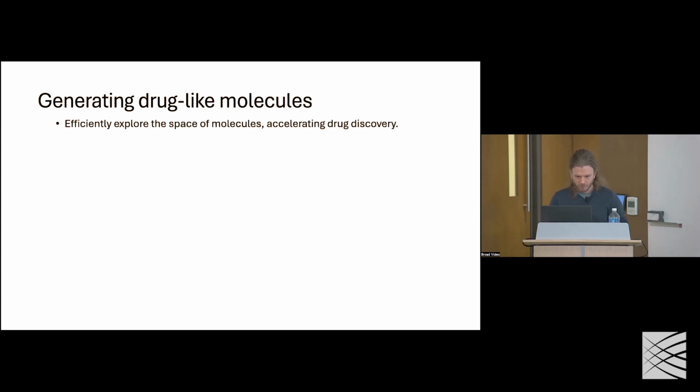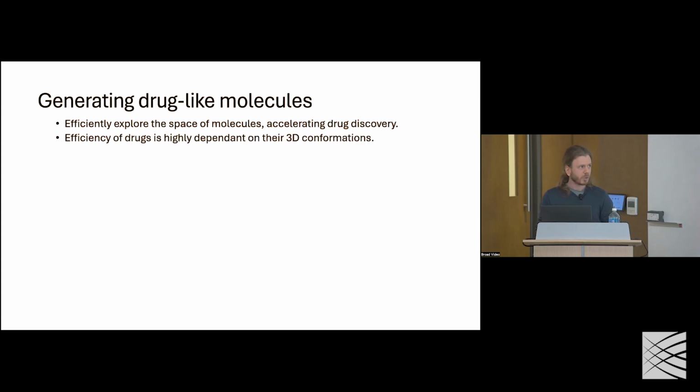We want to present generative models for drug-like molecules, because this can be a means of more efficiently exploring the vast space of molecules, and this might help us in the near future to accelerate drug discovery.